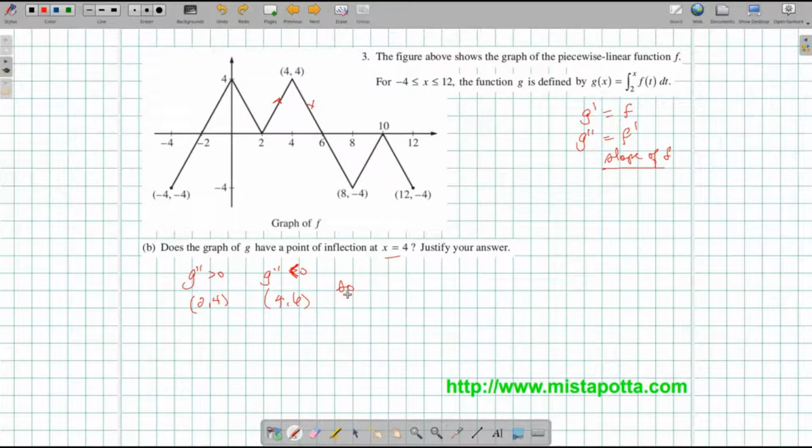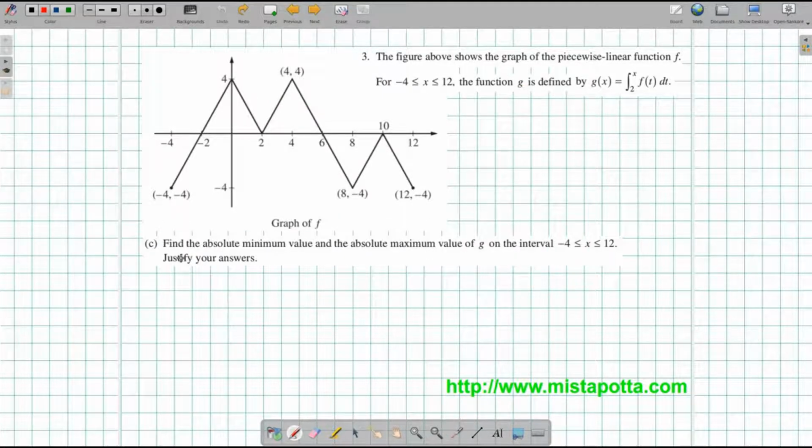So g has a point of inflection at x equals 4, because g double prime is greater than 0 on the domain 2 to 4, and g double prime is less than 0 on the domain 4 to 6. Again, in order to know how g is behaving, I need to look at the behavior of f. In particular, I need to look at the first derivative of f, or the slope of f.